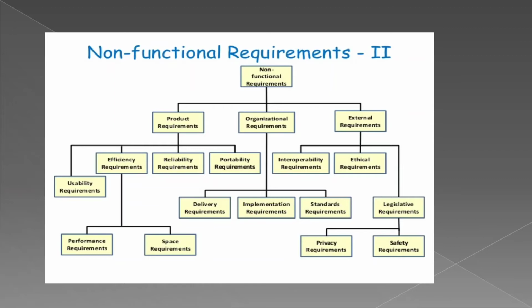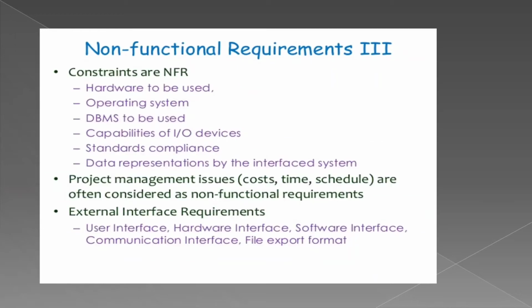Organizational requirements: delivery, implementation, and standards. External requirements: interoperability, ethical and legislative. Under efficiency: performance and space. Legislative means privacy and safety. So these all come under the non-functional requirements.